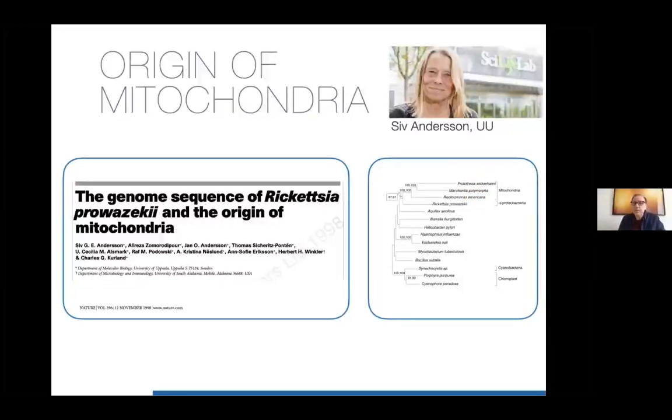The conclusion from that is that rickettsia, which is an alpha proteobacteria, is closely related to mitochondria in eukaryotic cells. Actually, the mitochondria comes from an alpha proteobacteria.